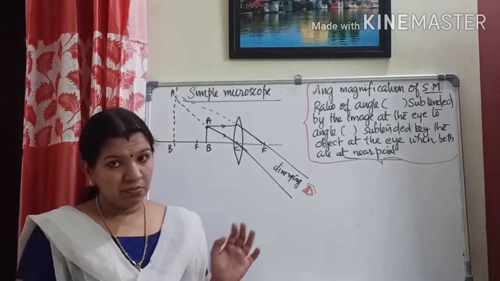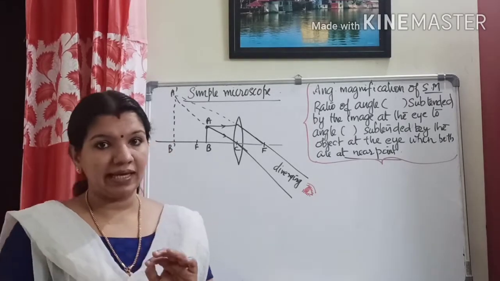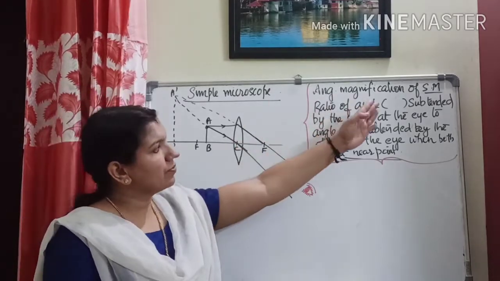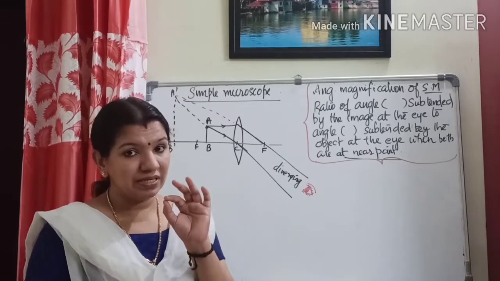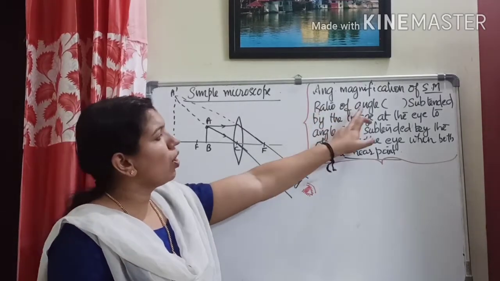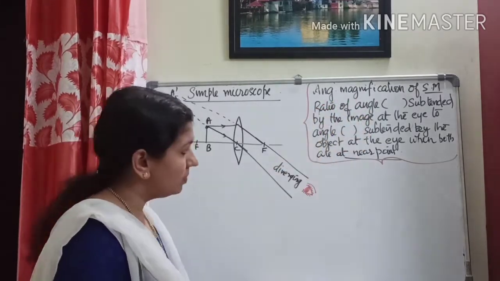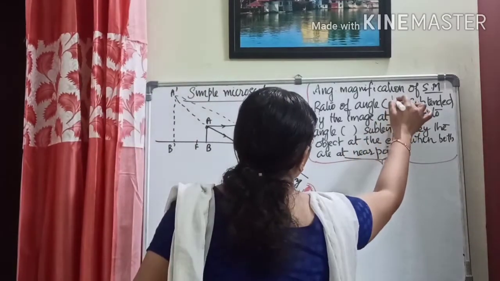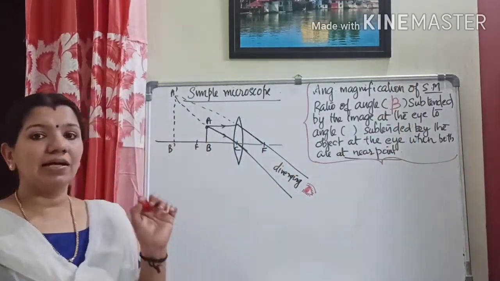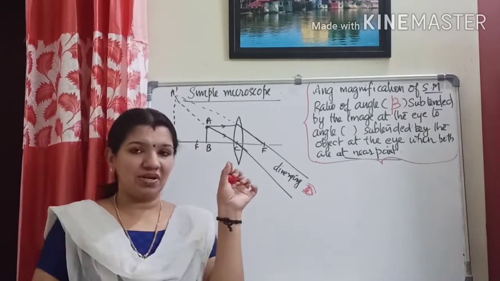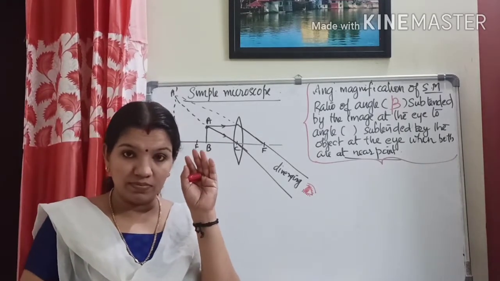Okay, so now we are going to derive an expression for the angular magnification or magnifying power. In the case of simple microscope, the definition goes like this. Look here. Angular magnification of simple microscope is defined as the ratio of the angle beta. Beta is the angle used to represent the image.